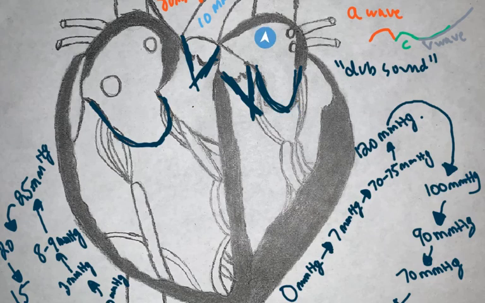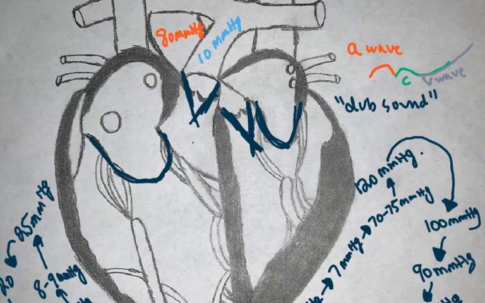In the case of the left side of the heart, when the mitral valve opens, 75 to 80% of the blood will go down to the ventricles passively. Right then and there, for our left atrium, our V wave will start to drop, because our V wave represented the blood pooling into our left atrium. Once blood starts to leave, the pressure will decrease and our V wave will drop.